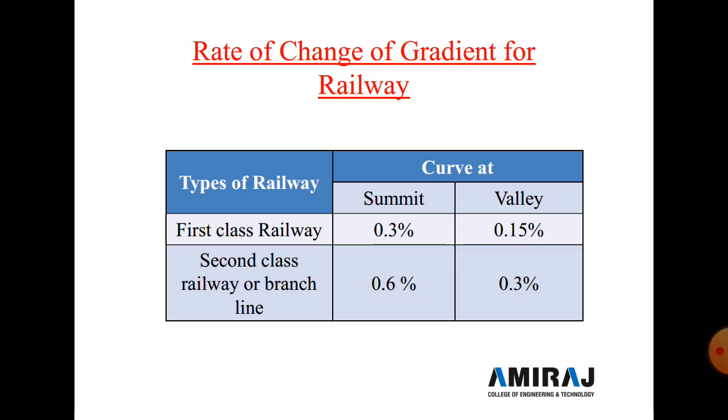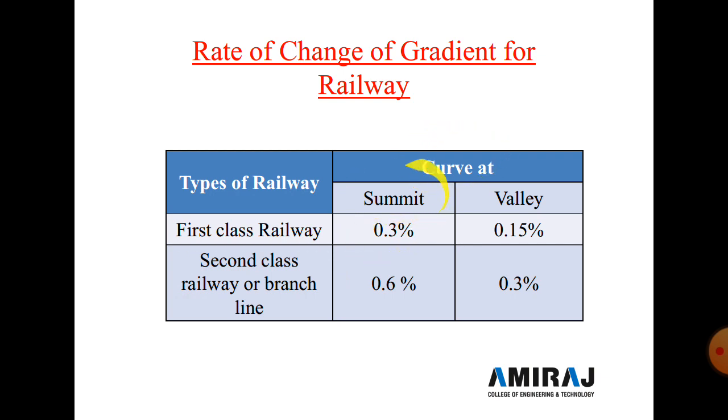Here the rate of change of gradient for a railway network is given. The types of railway are first class railway and second class railway or branch line. Here the value in the form of percentage is given.